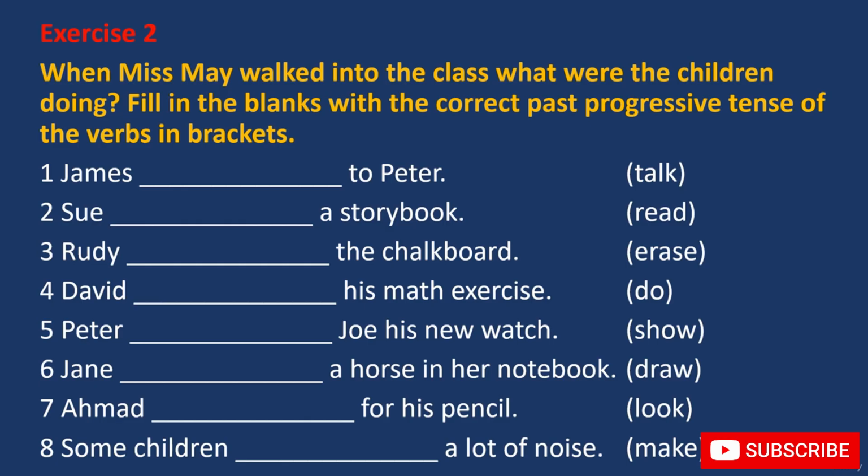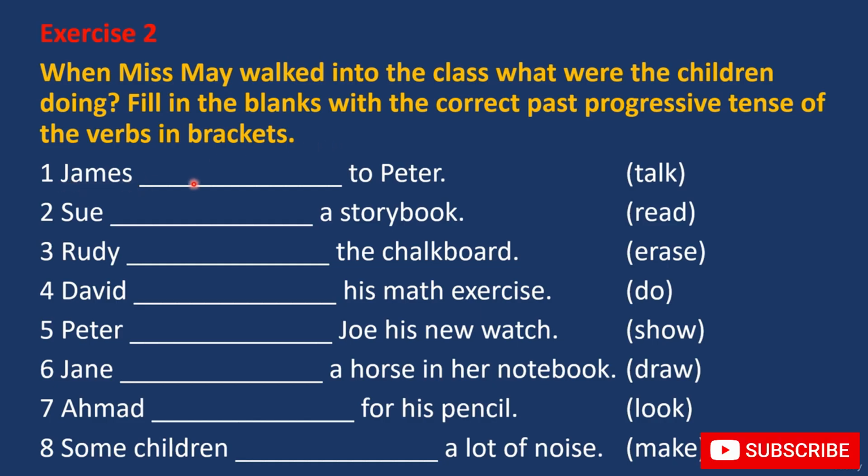The second exercise: when Miss May walked into the class, what were the children doing? Fill in the blanks with the correct past progressive tense of the verbs in brackets. So here, I need you to use these verbs in the past progressive to tell us what was happening.